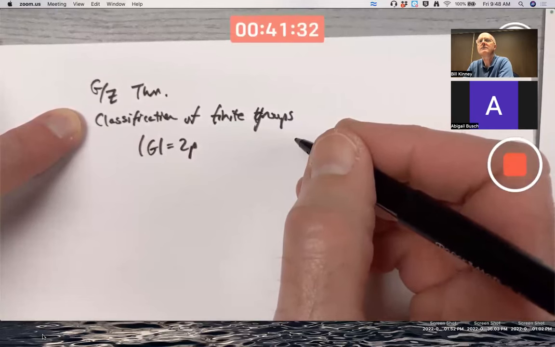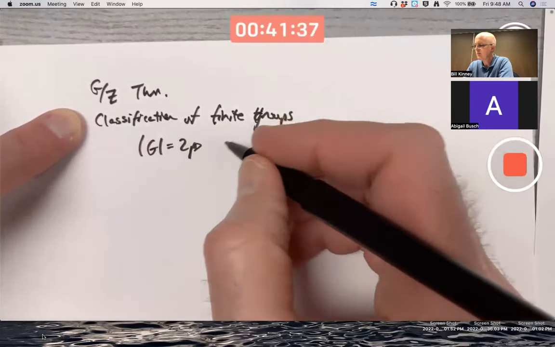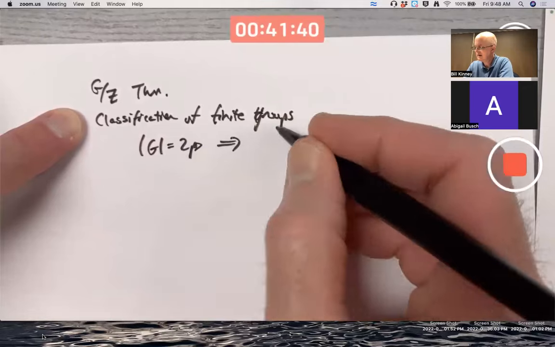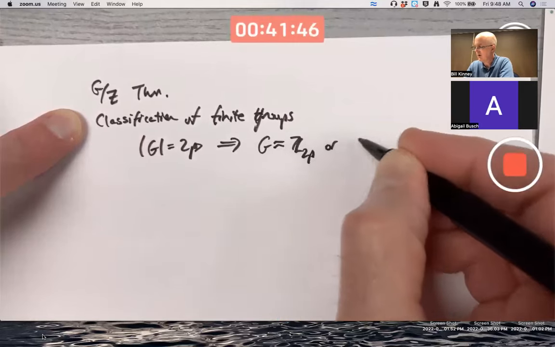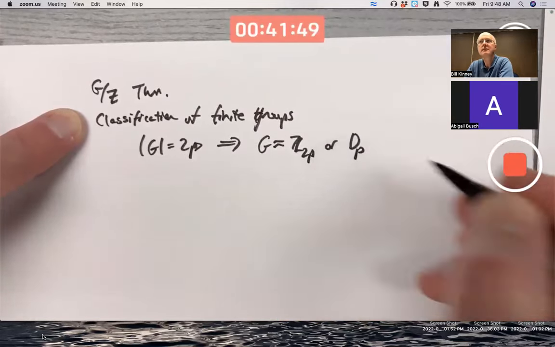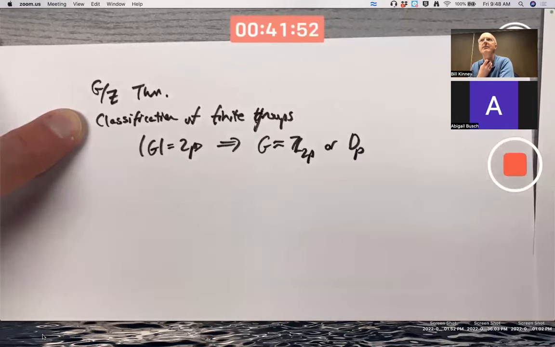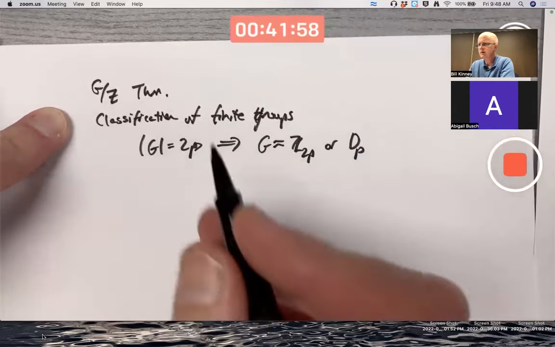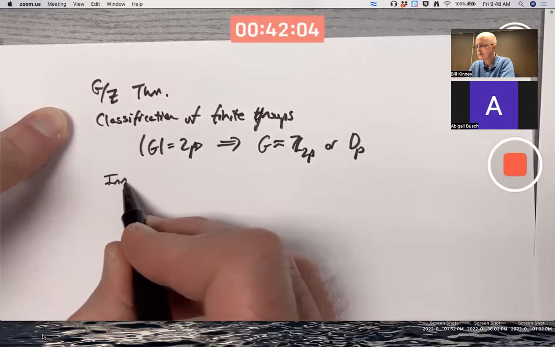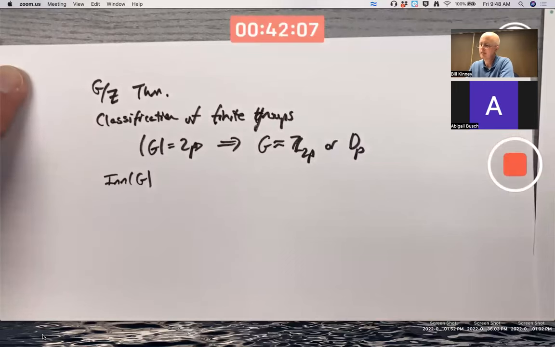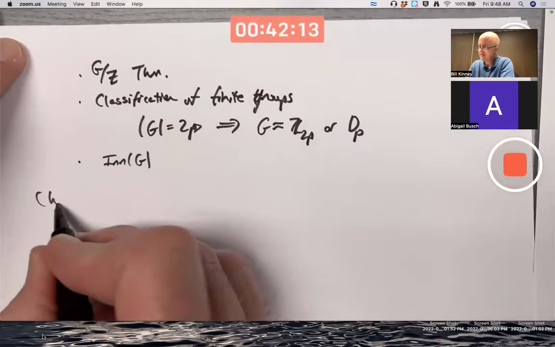In this case, G is either cyclic or isomorphic to Dp. That was one example of a classification theorem we had. There was a theorem also about identifying the isomorphism class of the group of inner automorphisms. For sake of time, let's move on to chapter 10.